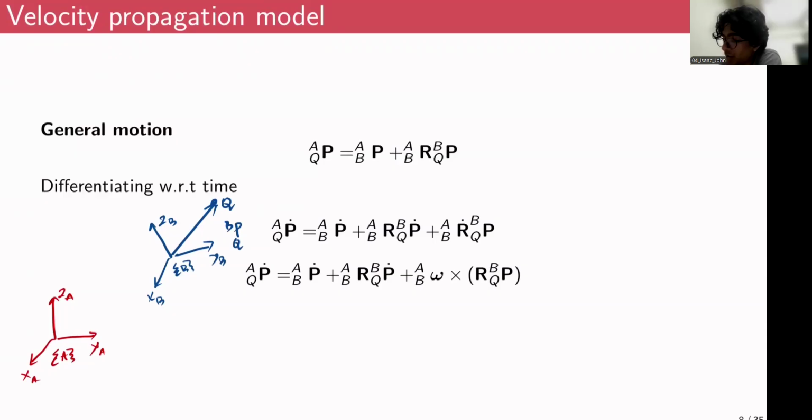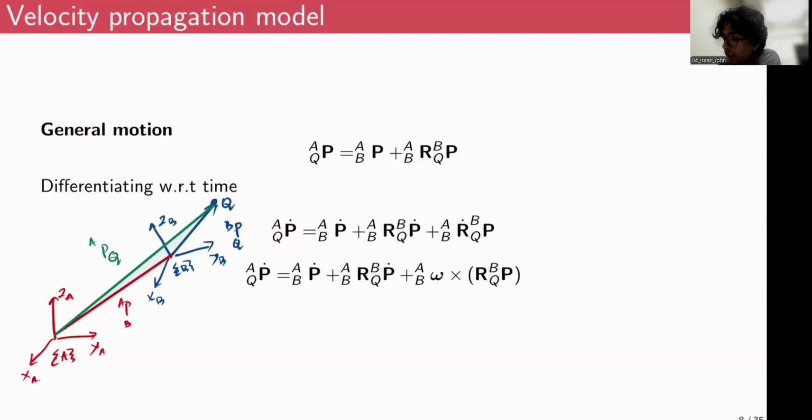And I also represent the position of this mobile frame, or this rotating frame, with respect to the fixed frame using this vector, the position vector of B with respect to A. Now, the resultant of these two vectors, that is, the position vector of Q with respect to A, is nothing but the vector sum of these two vectors.